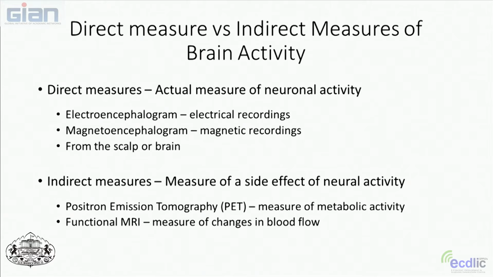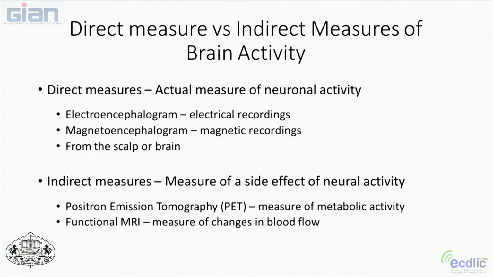So if we use PET to measure, as we'll talk about later, glucose metabolism, we're looking at the energy usage that these neurons are going through as they're working. So we can see which areas of the brain are using the most energy.